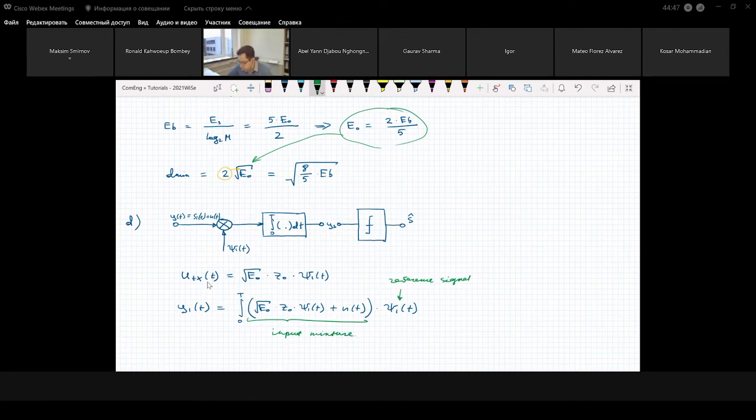So we have the input mixture and we have the reference signal, and we calculate the integral over the duration of the symbol. Then we get that this result will be square root of E0 times Z0, integral from 0 to capital T, basis function squared, plus the noise integral.